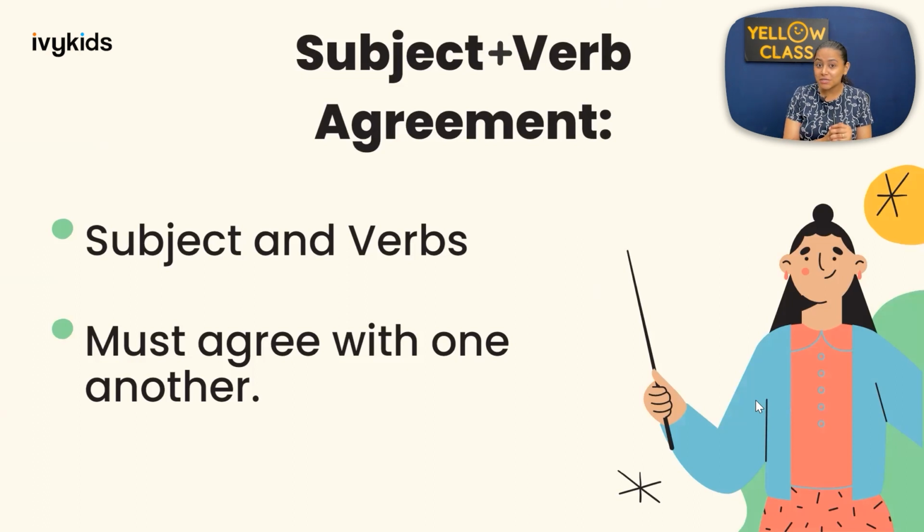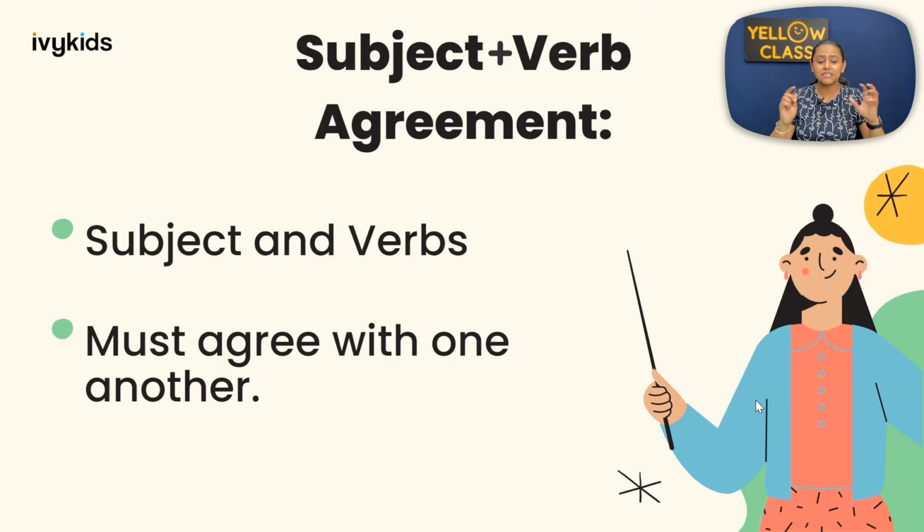If we do not use them in that way, then we are going to form wrong sentences. Okay, so this becomes very important when it comes to the English language. We are going to attend the session and learn with the help of various examples. Let us understand that subject and verbs must agree with one another.